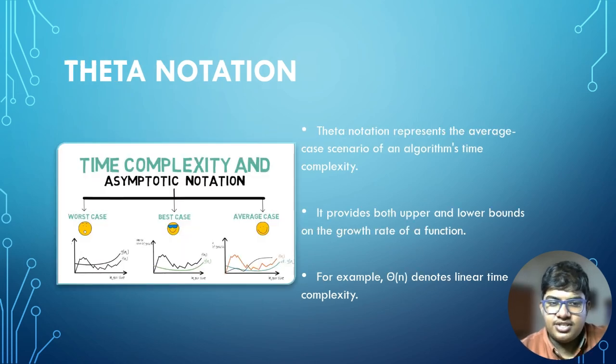Theta notation represents the average case scenario of an algorithm's time complexity. It provides both an upper bound and a lower bound on the growth rate of a function. For example, theta of n denotes the linear time complexity. You can see here the worst case, best case, and the average case.